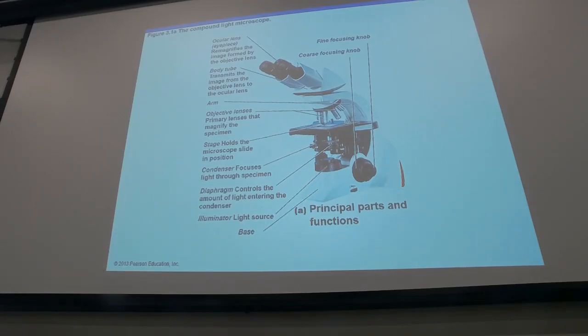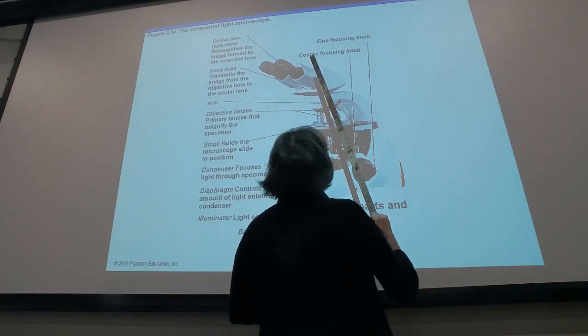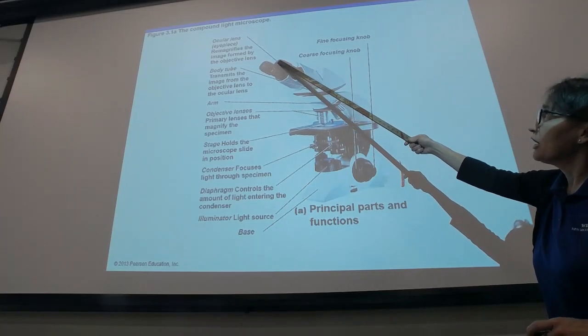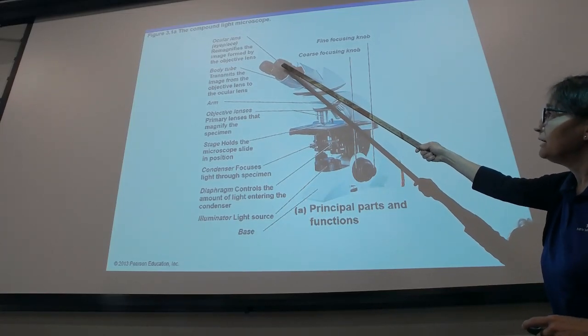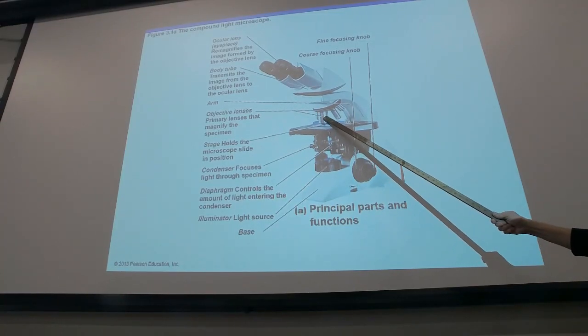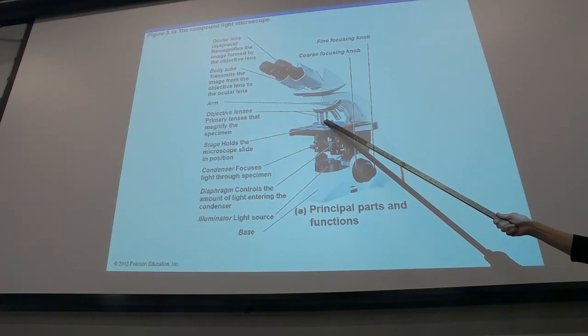Here are the parts of a compound microscope. The compound microscope has ocular lenses, which help to magnify the object more, as it is magnified by these objective lenses.